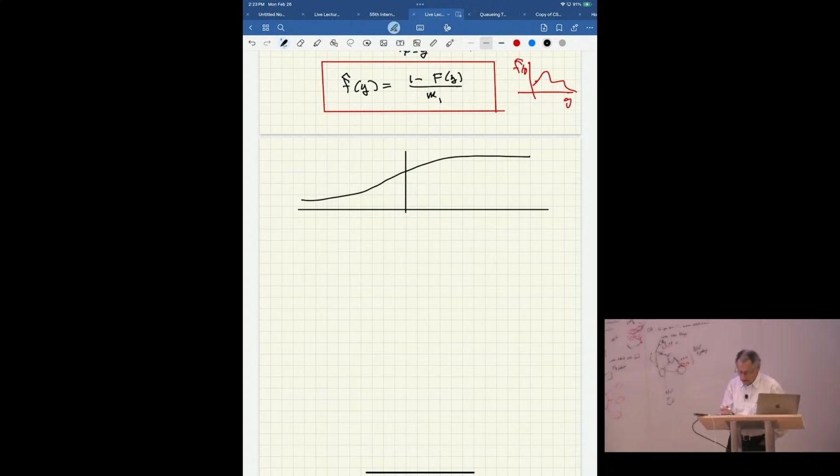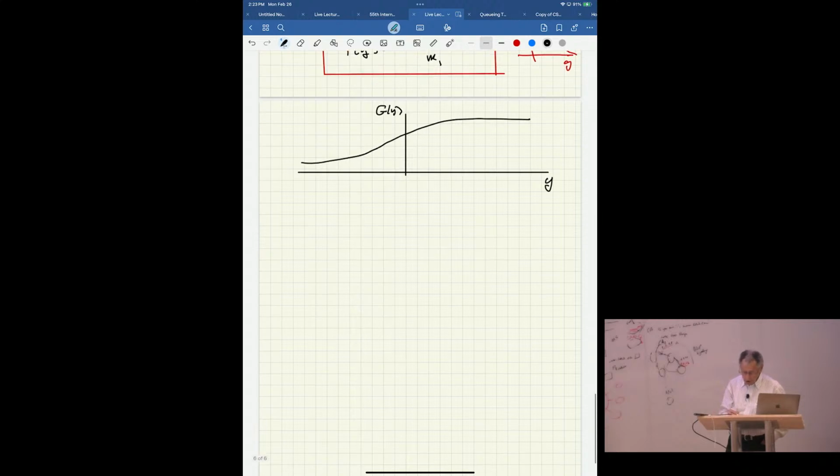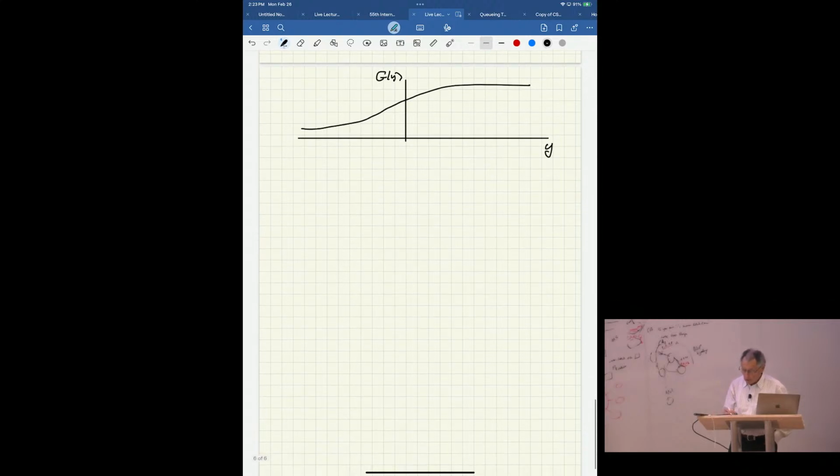I hate to use f now because it's going to confuse you, so let me call it g of y versus y. What's the limit on the left, as y goes to minus infinity? Zero. And as y goes to plus infinity? One. Great. Now you know how to calculate the mean. How would you calculate the mean from this? You differentiate it, multiply by y, and integrate.